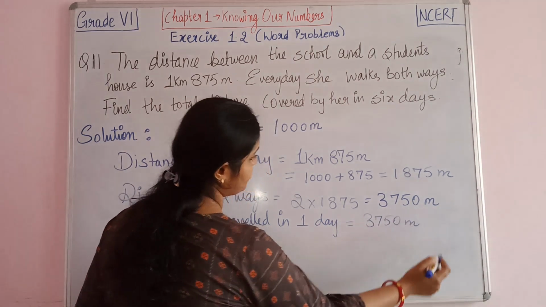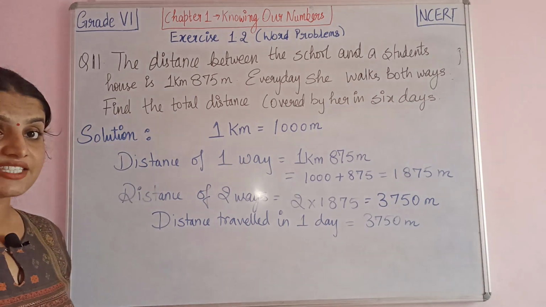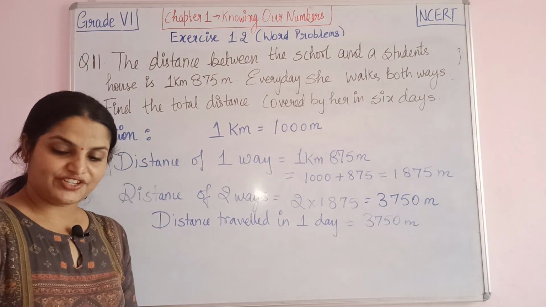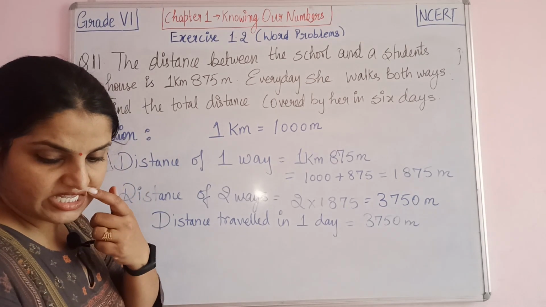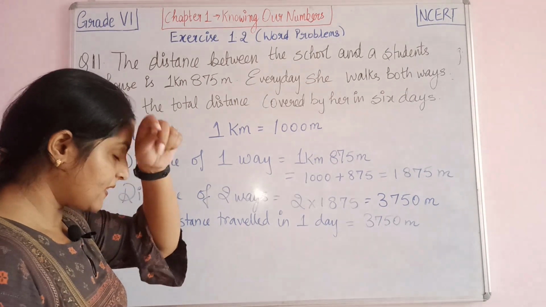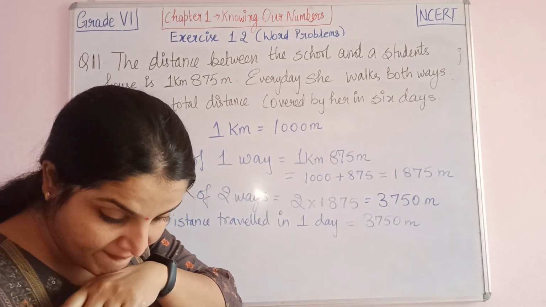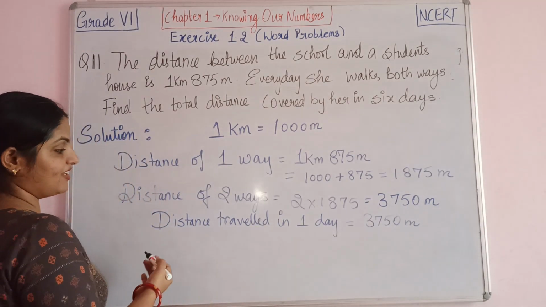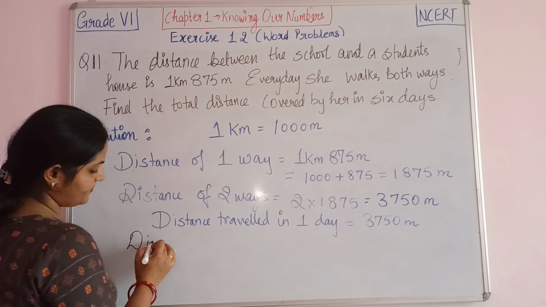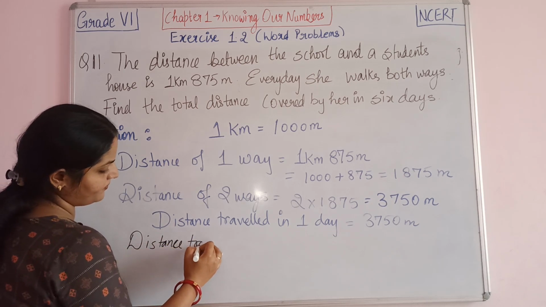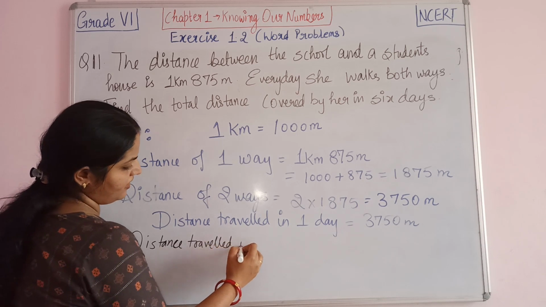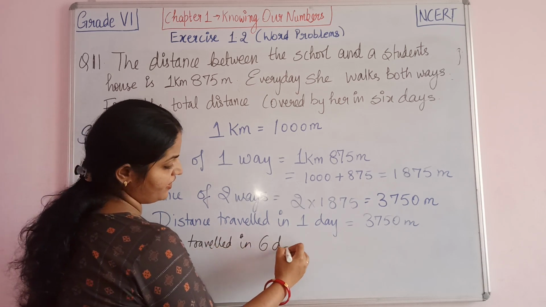How much distance is she traveling for 6 days? So what we have to do here? We need to multiply this number with 6. I hope it's clear. Okay, for finding the distance traveled in 6 days, what we have to do?